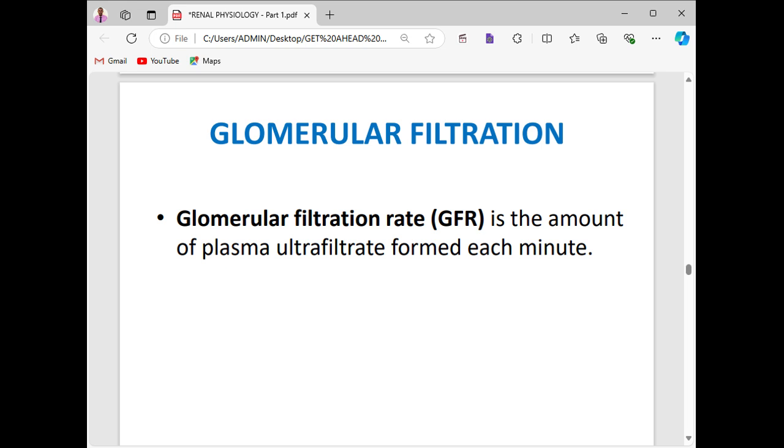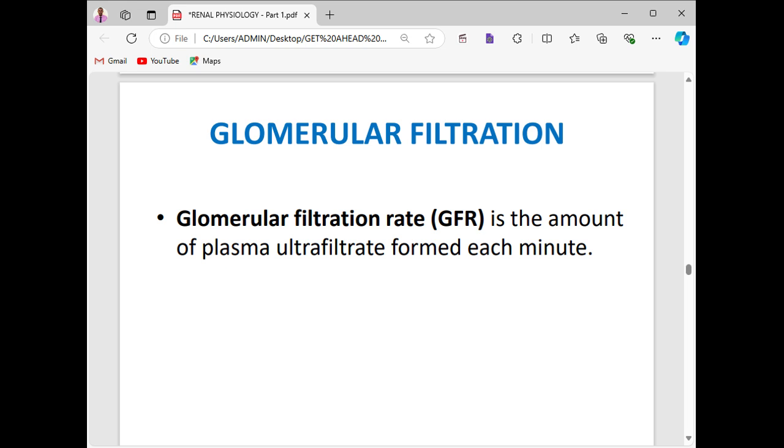You also need to take note that glomerular filtration is also known as ultrafiltration simply because even minute particles are filtered. But the plasma proteins are not allowed because they have a very large molecular size.